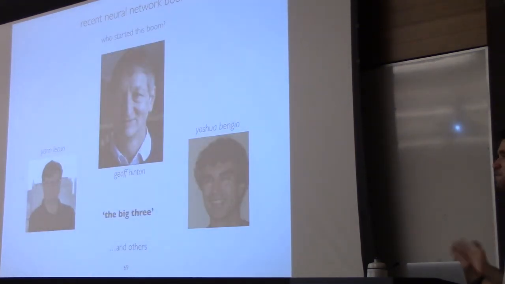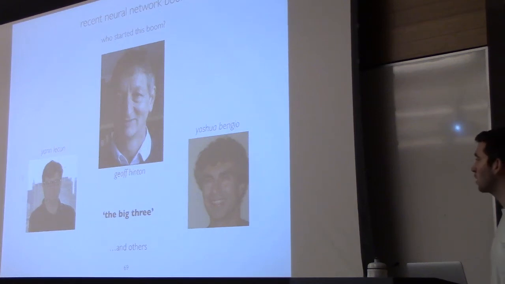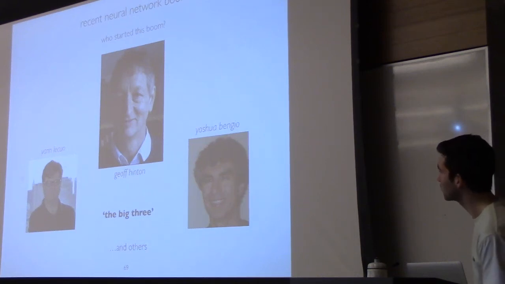These are the main people that helped to develop deep learning and keep it alive during that second neural net winter. But there are a lot of other people along the way that had a lot of contributions. Geoff Hinton is considered the godfather of machine learning. It's a weird title, but that's what he's considered.